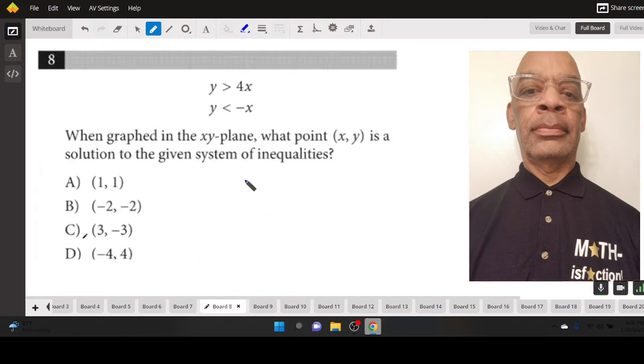Number 8. When graphed in the xy plane, here is our question. What point xy is a solution to the given system of inequalities? I'm going to plug in values, see if they work. So it cannot be equal. The top is greater than, bottom is less than. Put in a 1. 4 is not less than 1. Put in negative 2 and negative 2.